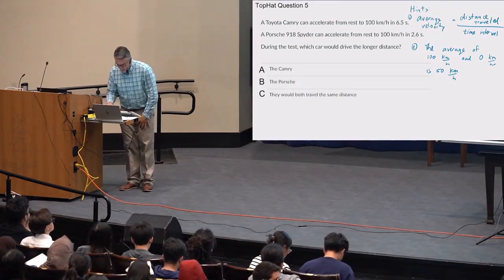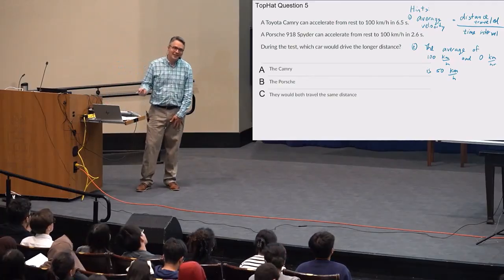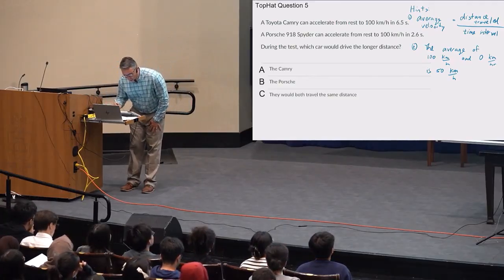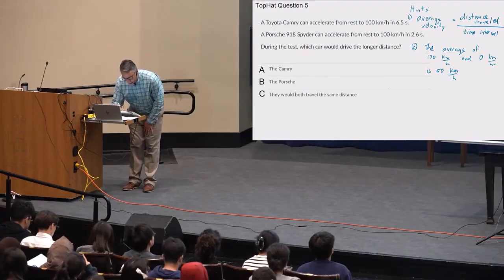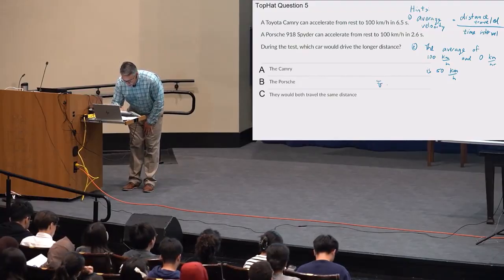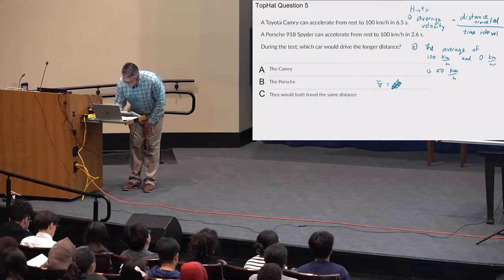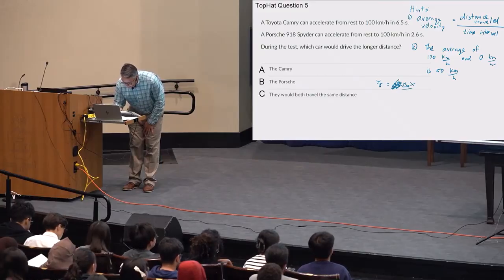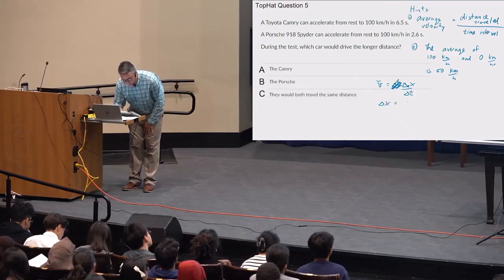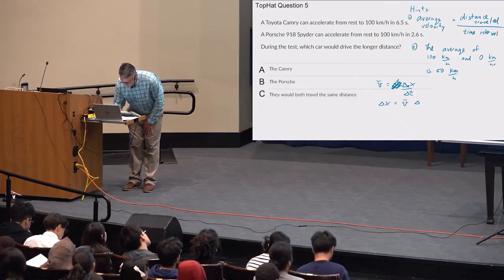Well, what I think is that for both cars, V average is equal to delta x divided by delta t. So you can solve that for what you're interested in, which is delta x equals the average speed times delta t.